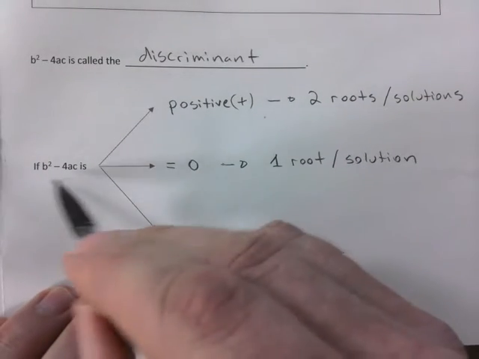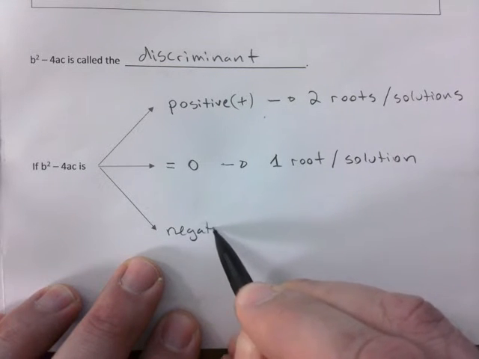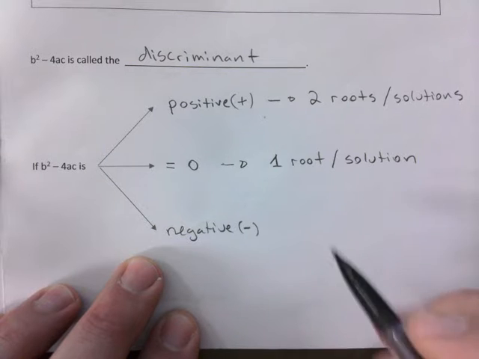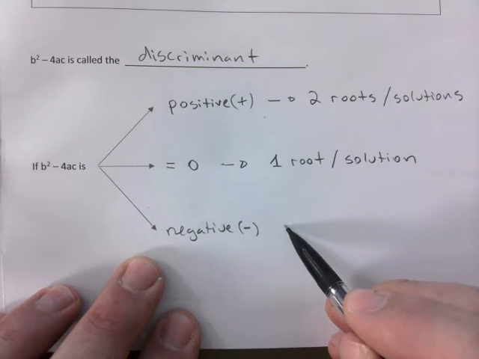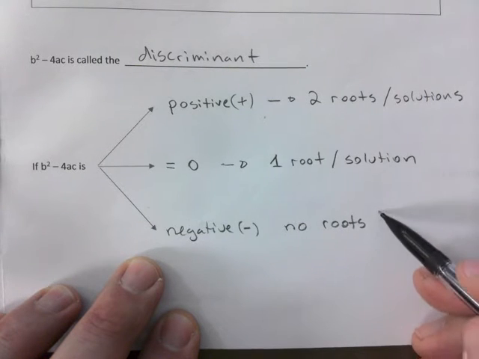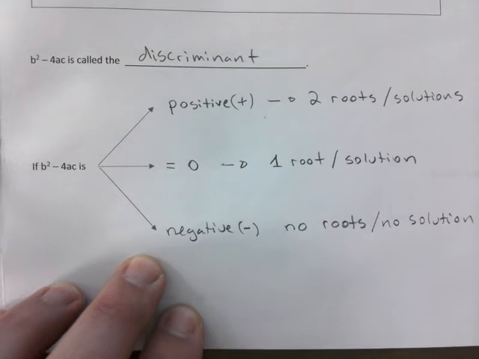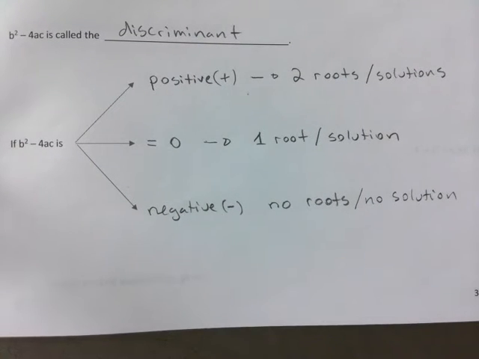If that b squared minus 4ac is negative, then we will conclude that we have no roots, no solution. You probably know that you can't take the root of a negative, not in our course. In university and grade 12 pre-calculus, you do, but we won't.